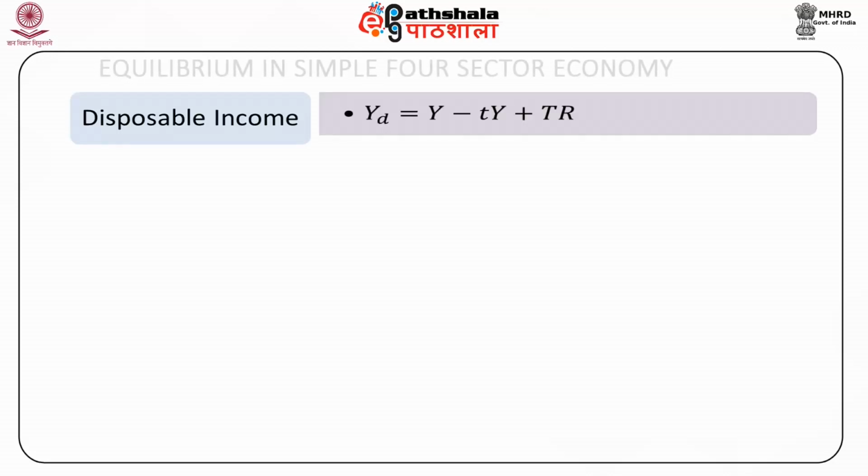Therefore, disposable income can be written as YD is equal to capital Y minus small t capital Y plus TR.